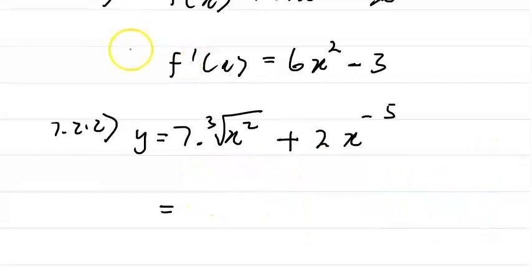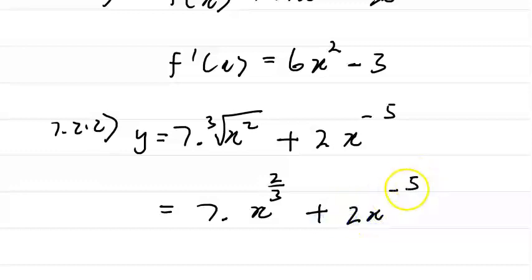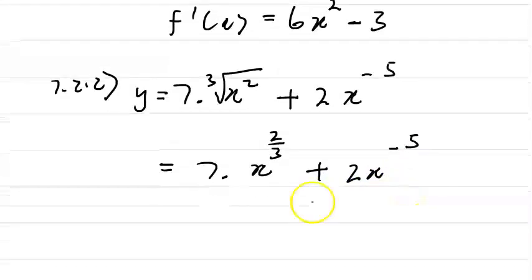So we're going to be left with the following: 7 times x to the 2 over 3. So you're going to be left with 2 over 3. And then here we've got plus 2x to the minus 5. Now you'll see that your two terms here are in the form kx to the n. So this is kx to the n, kx to the n.